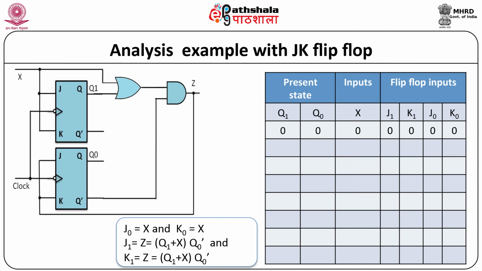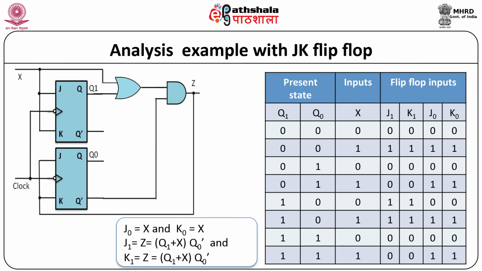This is because J0 and K0 are the same as the input x. Similarly, we can obtain the values for excitation variables for each combination of present state and inputs.